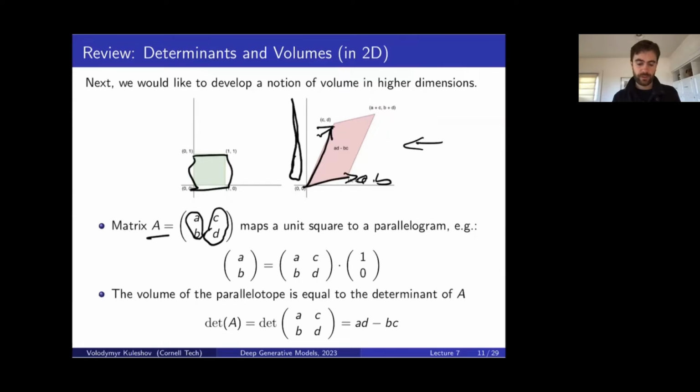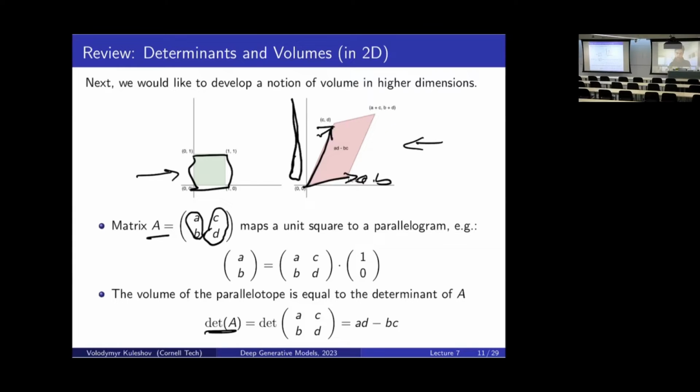So it maps the green square into the red parallelogram. You can easily check that. And then the determinant of the matrix A is exactly the volume of the parallelogram. It is the volume of the range of this linear transformation, this linear function.